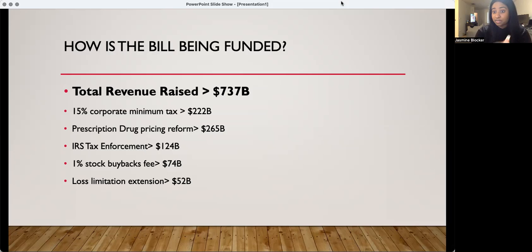So we've seen, again, $222 billion in funding for this bill coming directly from corporate minimum taxes. So we love to see taxation falling on corporations rather than on the shoulders of basic consumers.